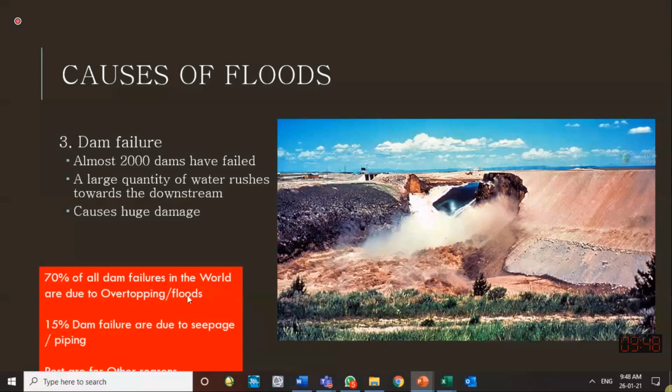70% of all dam failures in the world are due to overtopping floods. So it can breach because of the overtopping. When the hydrologists have calculated the wrong design flood, then the dam engineer will be designing outlets or spillways of wrong size or smaller size.